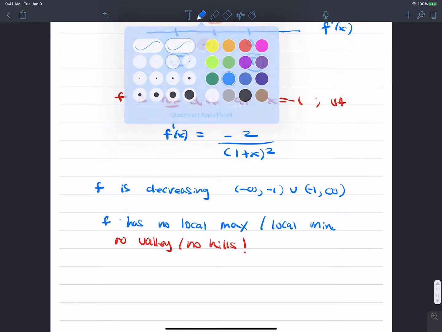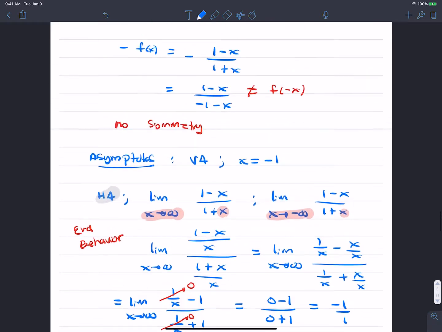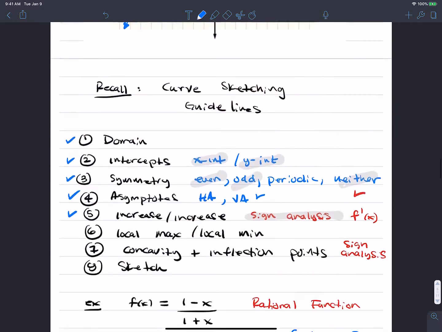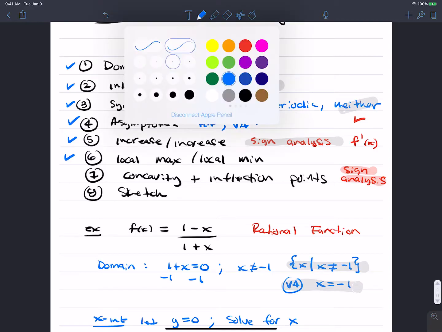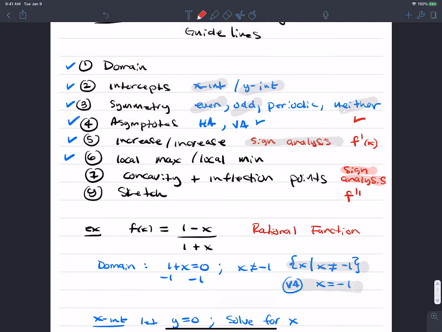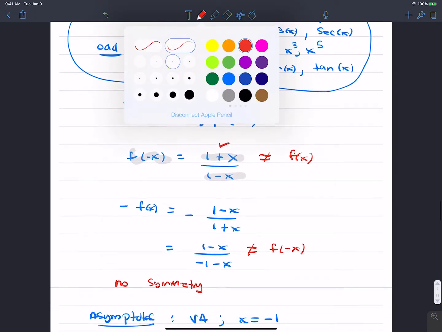All right. What comes next after this? Concavity, is that right? Concavity and inflection points. For concavity and inflection points, it's sign analysis again, but this time on the second derivative. So we're going to go through all those guidelines again on the second derivative.